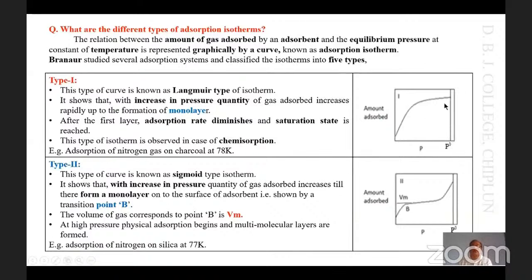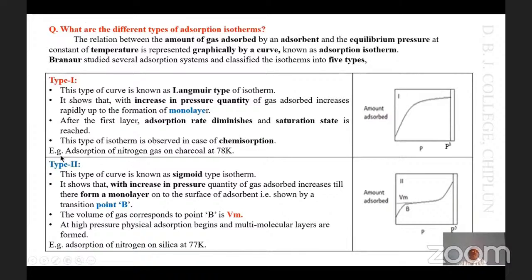This type of isotherm is observed in case of chemisorption. Chemisorption means chemical adsorption. The example of this kind of adsorption isotherm is adsorption of nitrogen gas onto the surface of charcoal at 78 Kelvin.